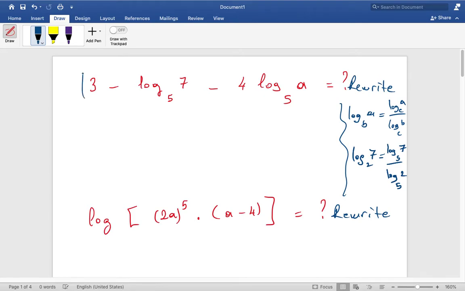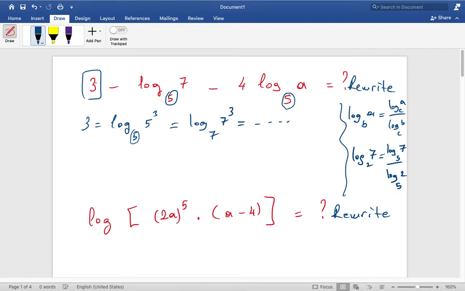So number 3 also could be written as, we can say that 3 is equal to logarithm to the base 5 of 5 to the power of 3, or even logarithm to the base 7 of 7 to the power of 3, and so on. But which one can I use? Since in the question the bases are 5, better to choose base 5.